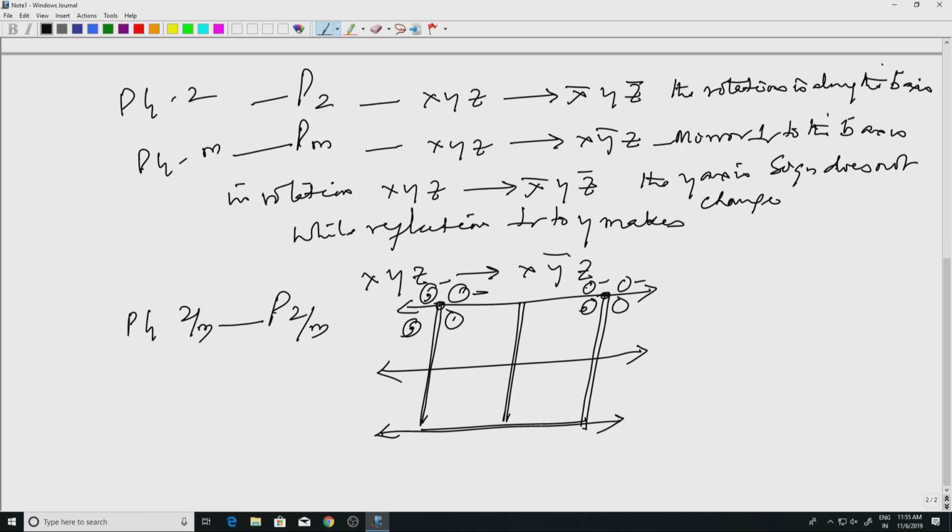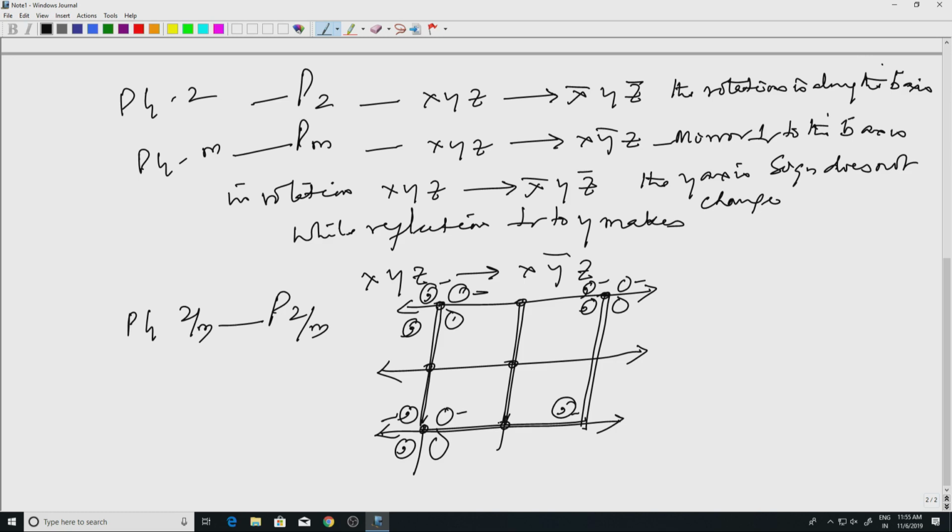Between this and this, we can see the inversion is generated here. Inversion is coming here. Inversion is generated here. Inversion here.